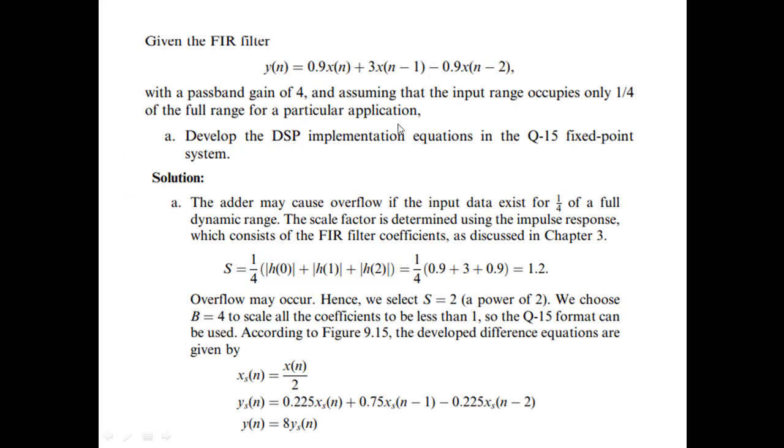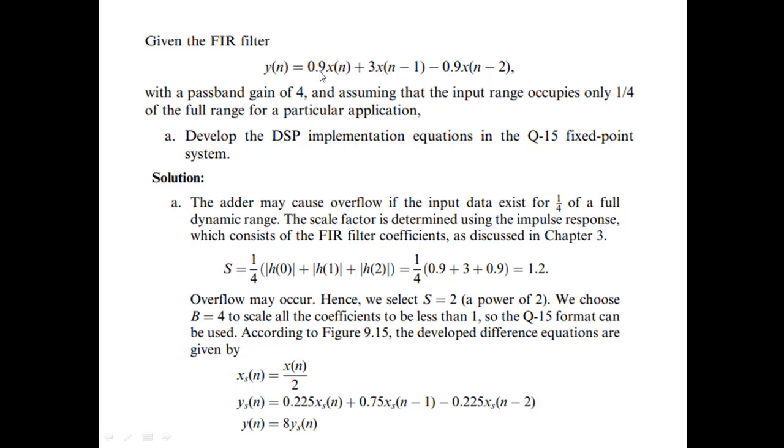So we'll do that now. S is equal to 1 by 4. I max is 1 by 4 here. So what is I max? I max is the maximum amplitude the input occupies for a particular application. In this case, the input occupies 1 by 4 of the full range. So I max is 1 by 4 into the sum of magnitudes of h of 0, h of 1 and h of 2.